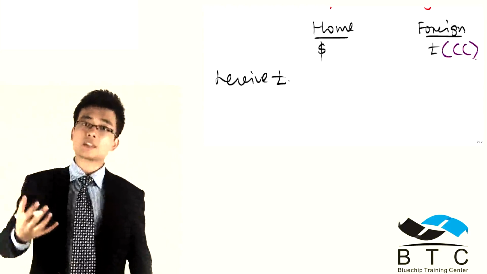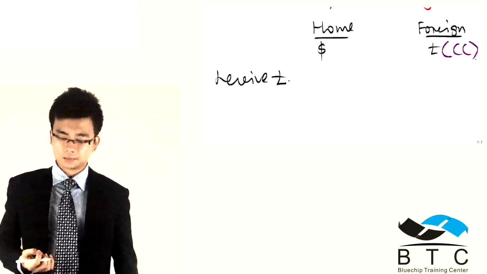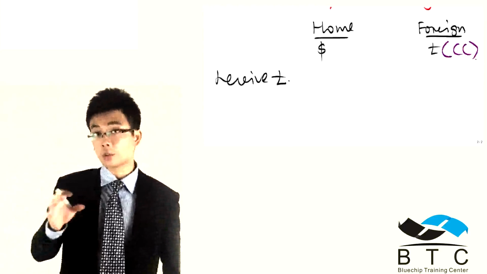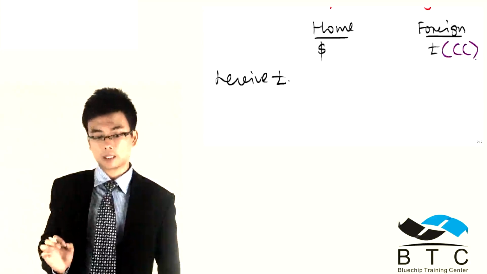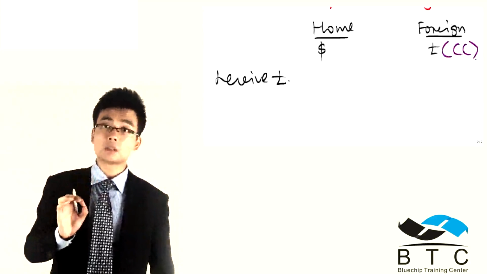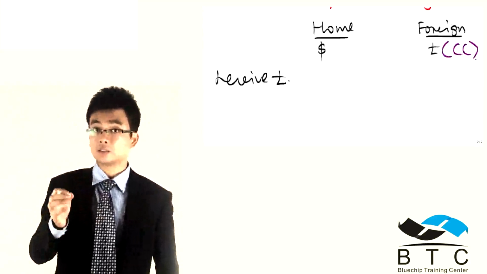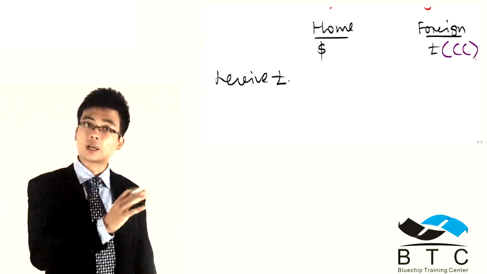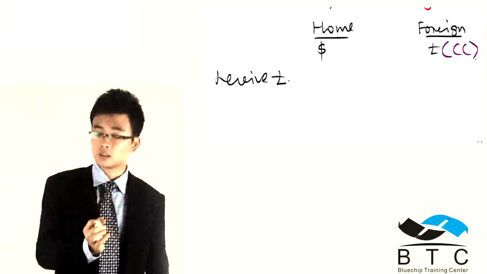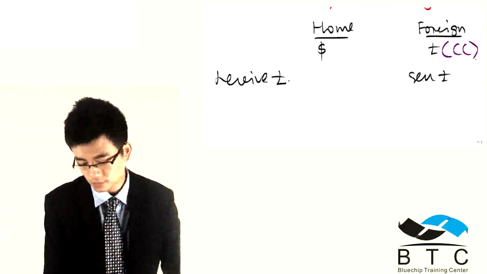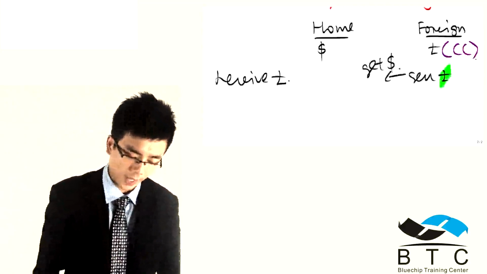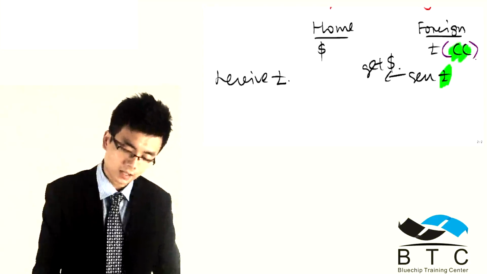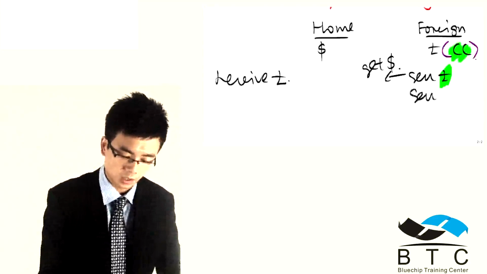Because you're going to receive the UK pounds, but you're living in the home market, which is the USA, you need to sell off those UK pounds to get dollars. So that's selling the UK pounds, and because the UK pounds here is the contract currency, you're going to sell the future.